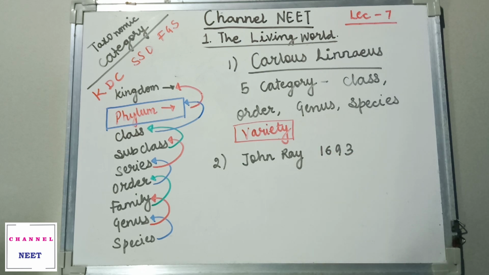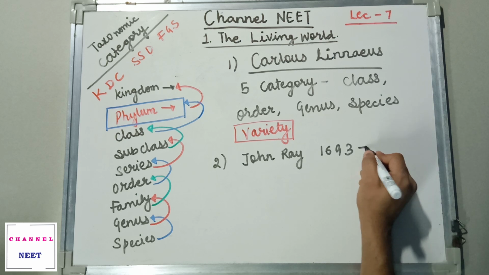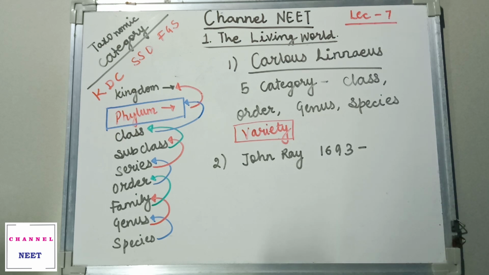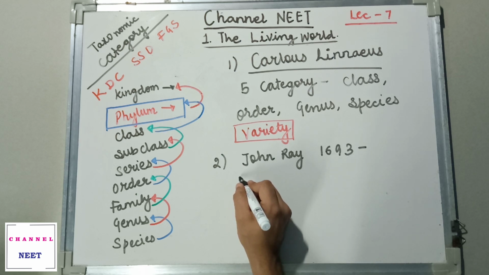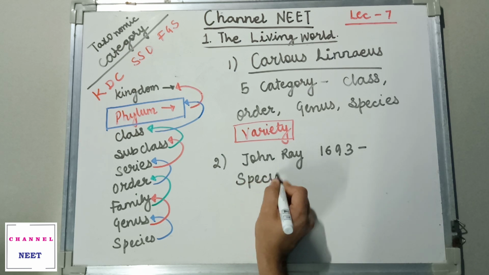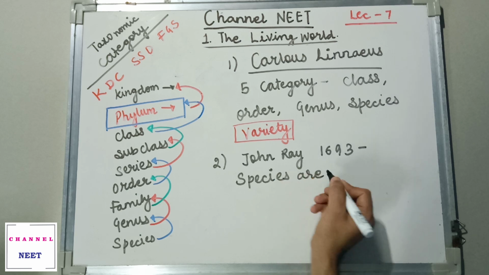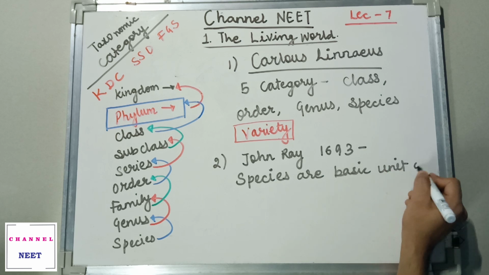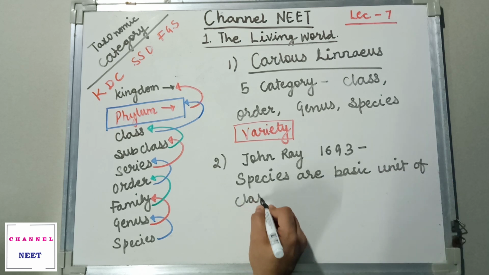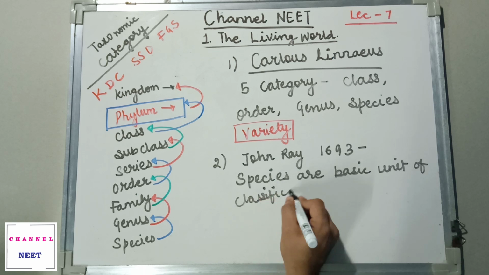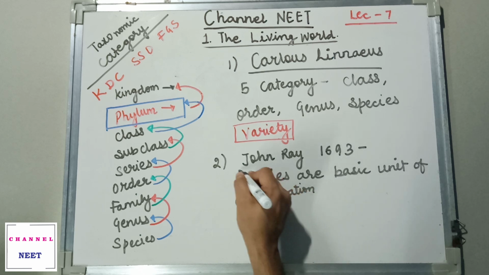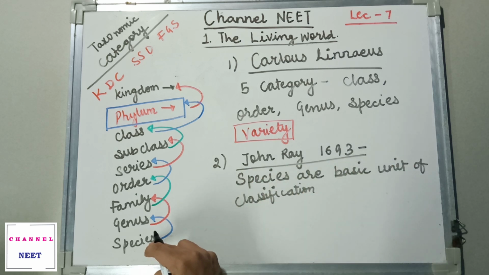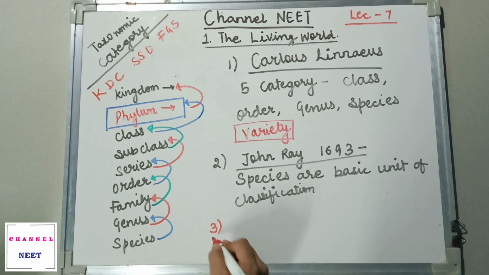He gave the input that species are the basic unit of classification. Without species, classification cannot take place. If species is not found, this all becomes useless.